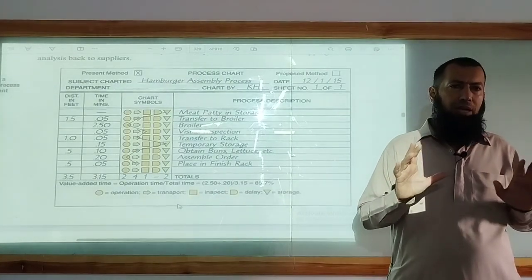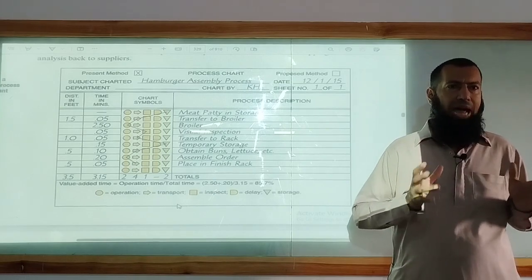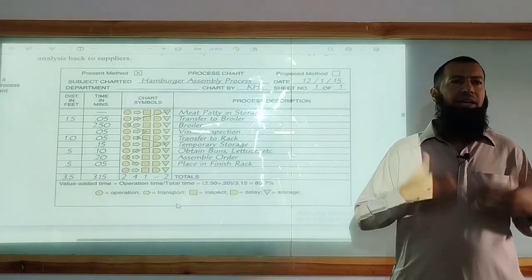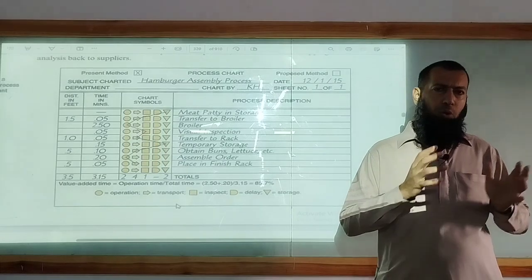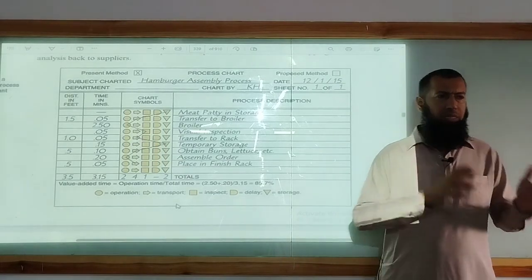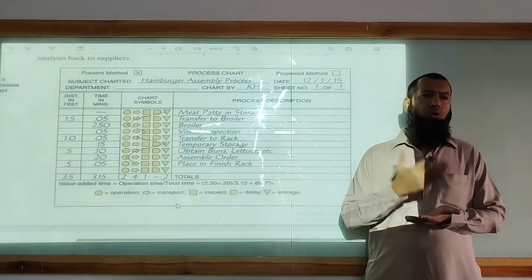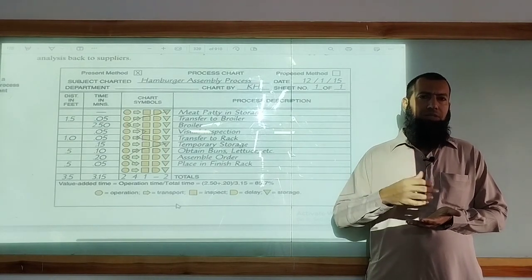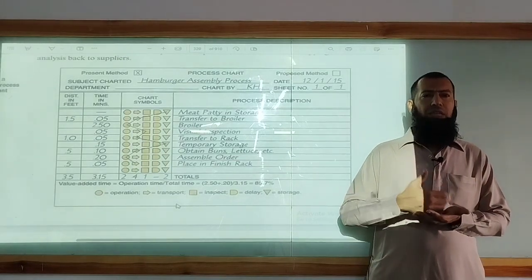In value stream mapping you try to find out the value addition time you are giving in making the product. If you are spending more time in moving the product from one place to another place, you have to reduce that. So how do we check it out? We check it out through value stream mapping.